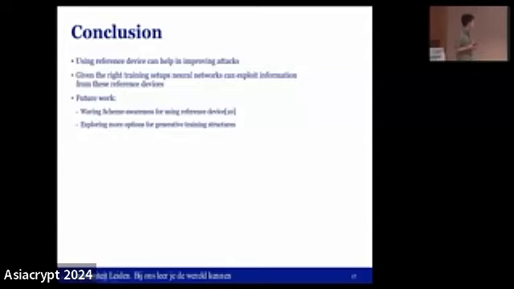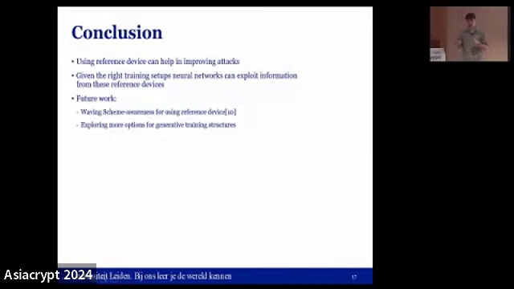So to conclude, we can use reference devices to improve attacks. Given the right training setups, neural networks can exploit extra information from these reference devices, and this really helps a lot to reduce the difficulty of finding profiling models. In future work, we've already done some work that waives the scheme awareness, so we can use the reference device without knowing what scheme is happening there, and we just use unprotected leakage.